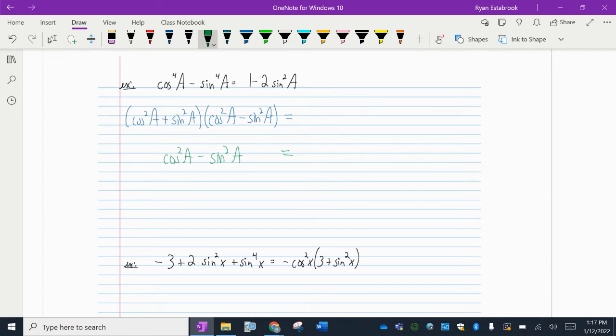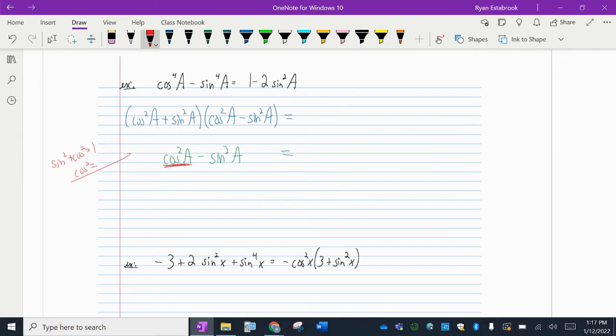Now the left side, what's in green, looks a little bit more like the right side. I'm going to glance over at the right side and say, okay, on the right, the only trig function that's over there is the sine squared. On the left, we have both of them. So how about we make a little substitution here? If I know that sine squared plus cosine squared equals 1, then what does cosine squared equal? 1 minus sine squared.